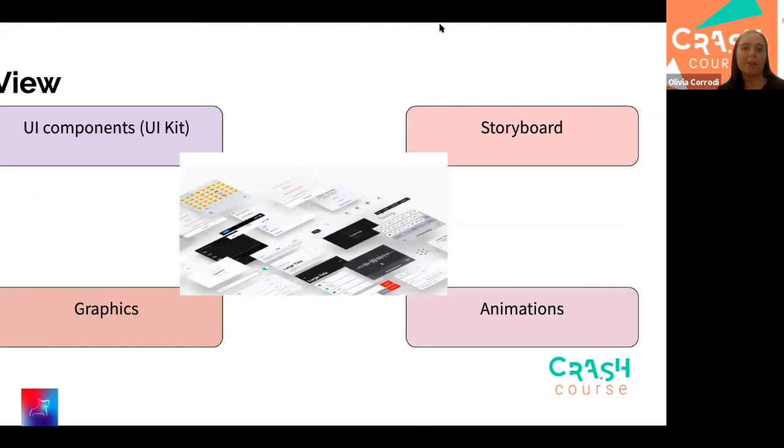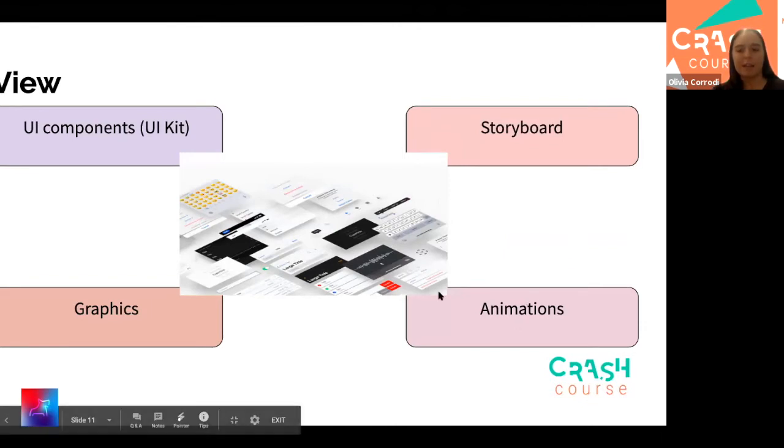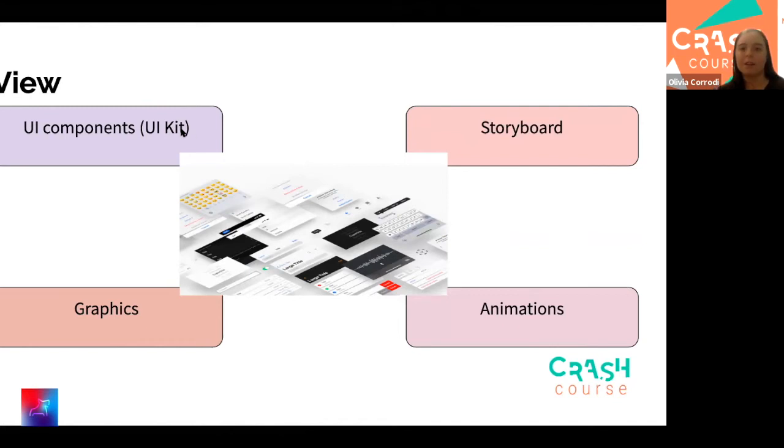Moving on, we have the view. On the other side, the model is all of the data. The view has all of the UI components. Apple has recently announced SwiftUI, which is a new UI framework that is definitely gaining popularity. For this talk, we're going to be focusing on UIKit, but just know that SwiftUI is another option, just slightly newer, so not many people have as much experience.